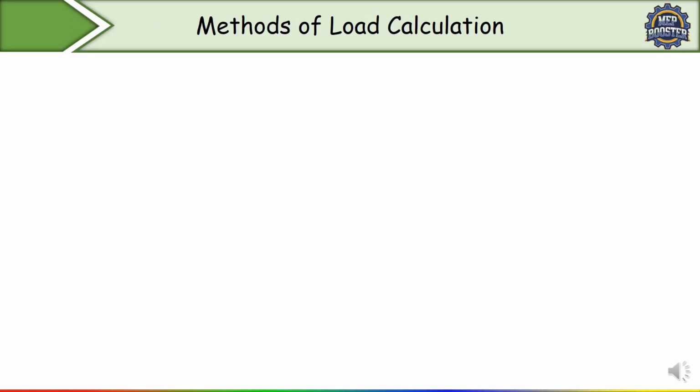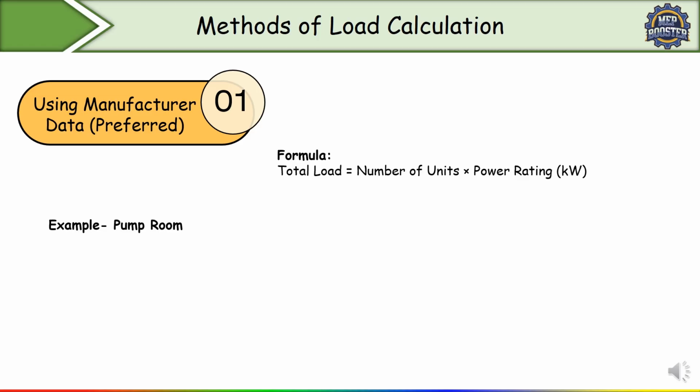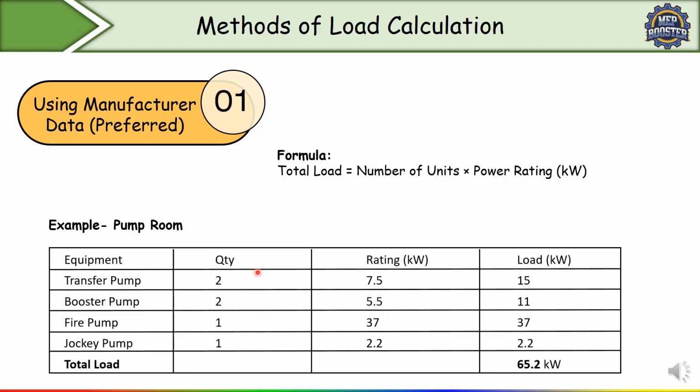Now we'll show you the methods of calculating the mechanical equipment load. First, using the manufacturer data, to calculate the total load, simple, number of units into power rating. For example, here I have taken a pump room. In the pump room, suppose we have 2 transfer pumps, 2 booster pumps, 1 fire pump and a jockey pump.